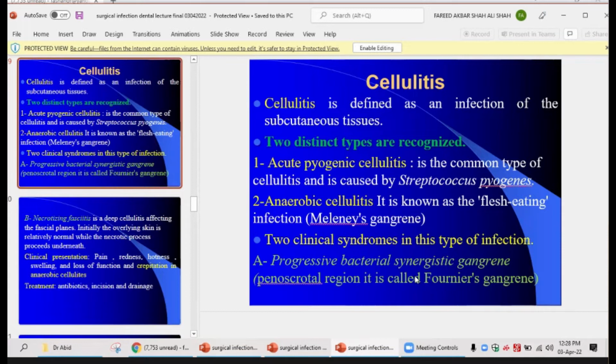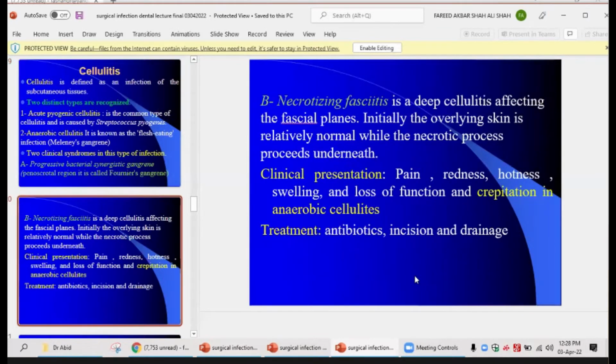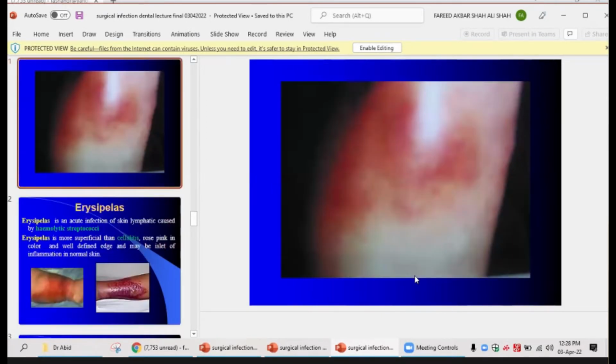Two clinical syndromes are seen in this type of infection: progressive bacterial synergistic gangrene, a penoscrotal lesion, and the anaerobic cellulitis called Fournier's gangrene, or necrotizing fasciitis. These are special types of gangrenous infection of the soft tissue, skin and subcutaneous tissue. This is what we call cellulitis, the red discoloration of the skin.